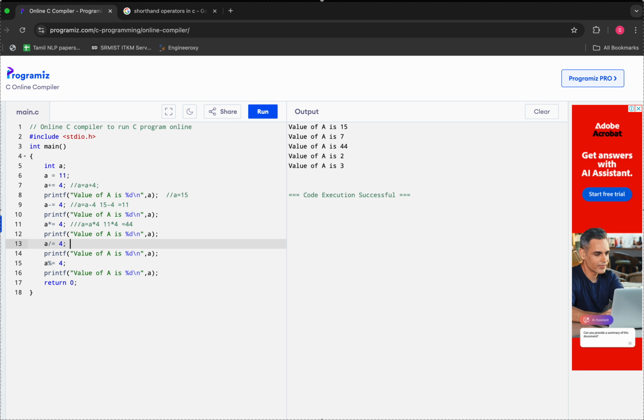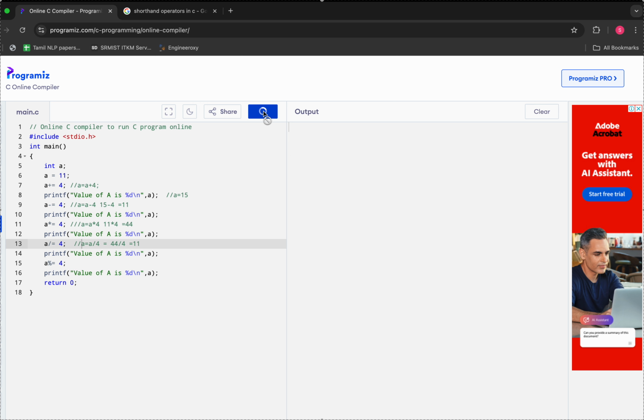And again this line, a equal a divided by 4, you will get 44 divided by 4, which is 11 as the quotient, remainder is 0. Here a value will be 11. And 11 modulo 4, the remainder is 3. So this is what is going to be printed.